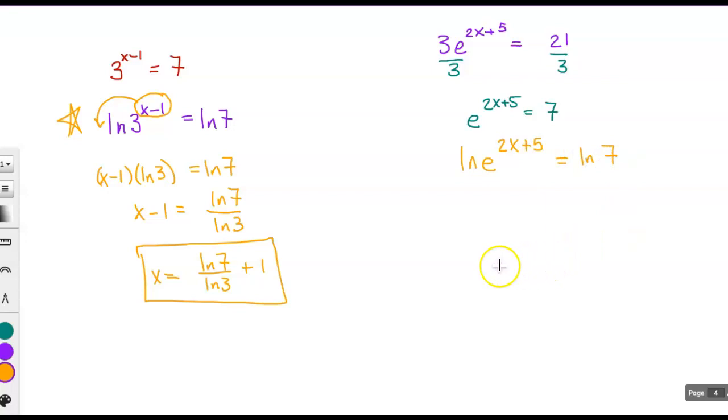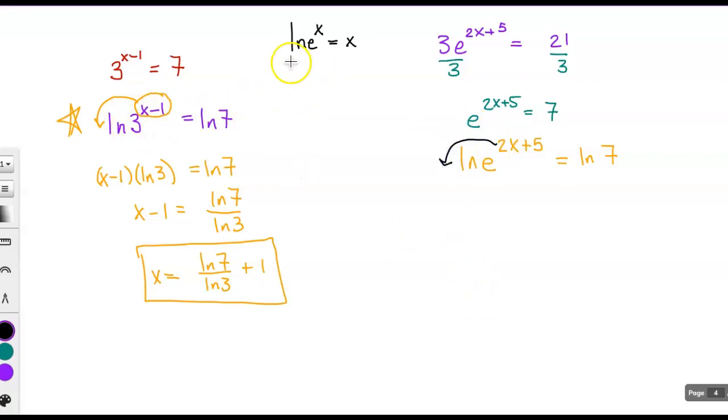You can do this one of two ways. There's a rule that she should have had you memorize that says the natural log of e to whatever the power is equals that power. So you can just say that the natural log of e to the 2x plus 5 is 2x plus 5. If you can't remember that, then do this rule right here and drop that exponent down in front.